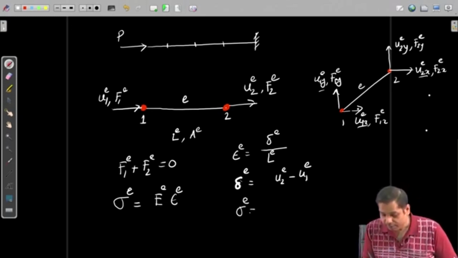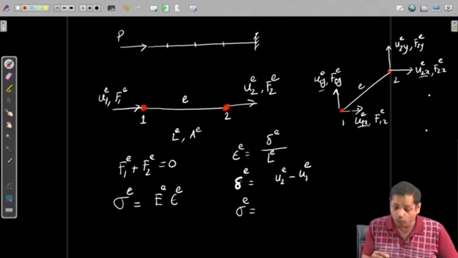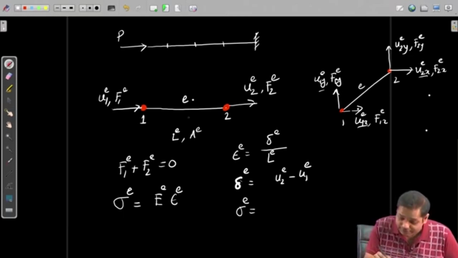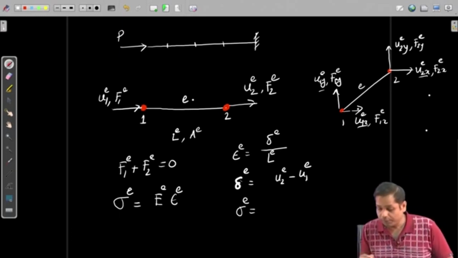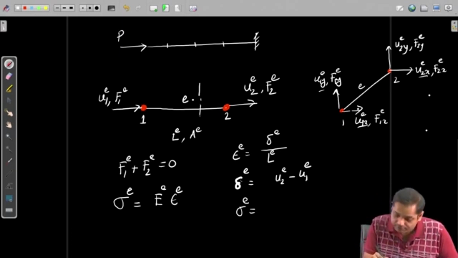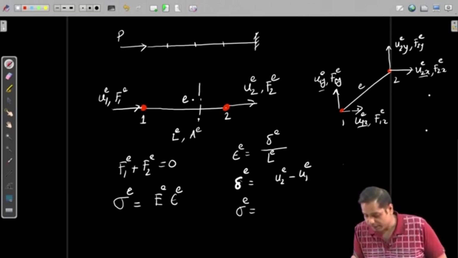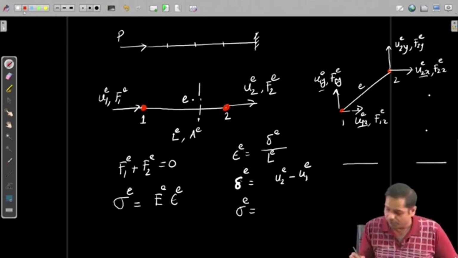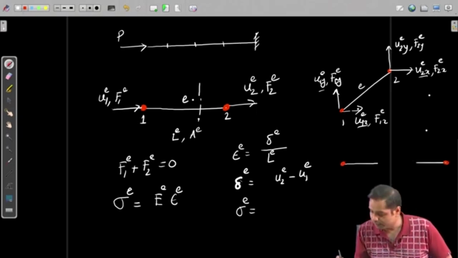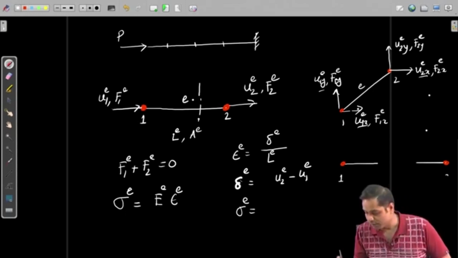And what will be sigma^E? Before we write the expression for sigma^E, let us take a section and draw the free body diagram of this element. If I take a section here and draw the free body diagram, it will be something like this. So this is node number 1, this is node number 2.